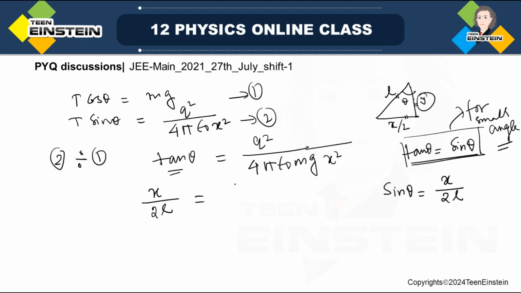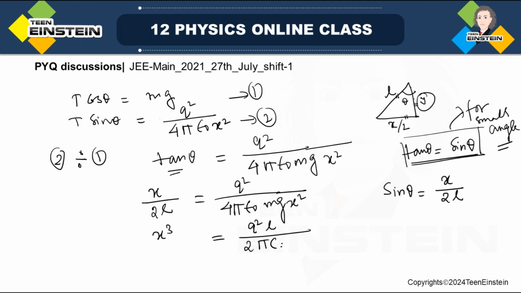We get here q square by 4 pi epsilon naught mg x square. So these are all there. So this x I'll multiply here. So it will be x cube is equal to q square L divided by 2 pi epsilon naught m into g, right? So this is what we get.